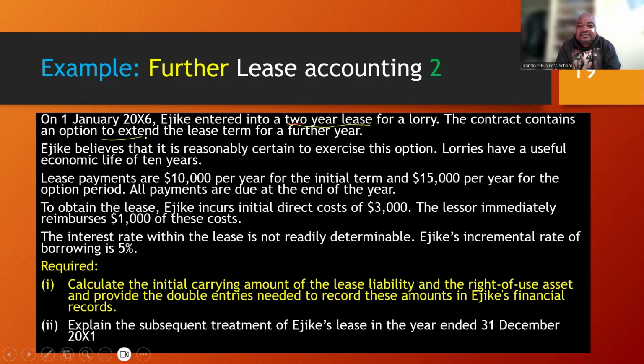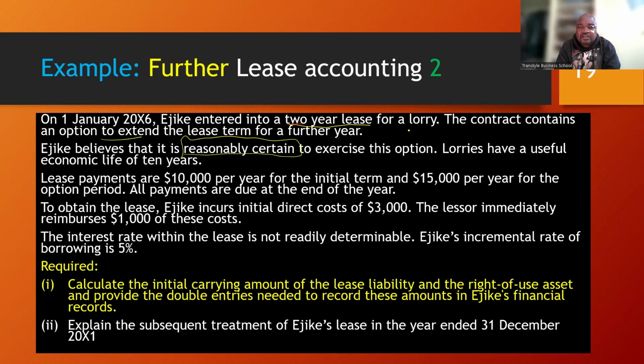ACCA believes that it is reasonably certain to exercise this option. Lorries have a useful life of 10 years. So there is an option to extend the contract from 2 to 3 years, right?